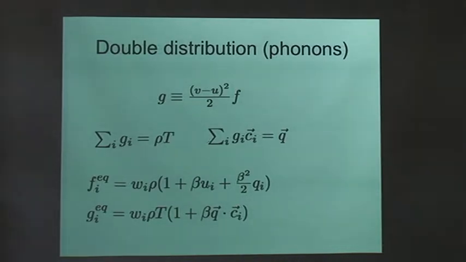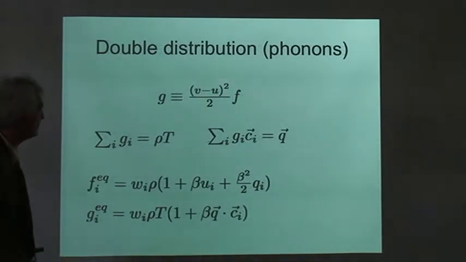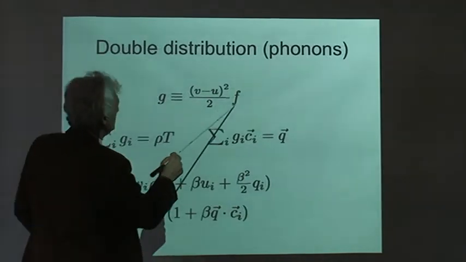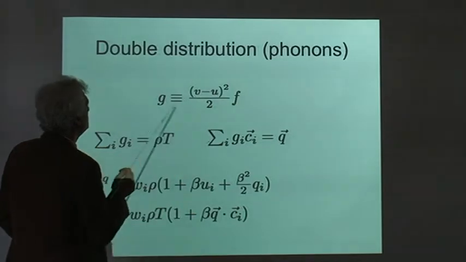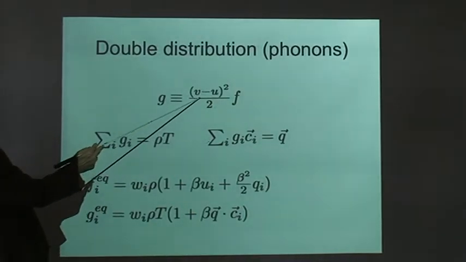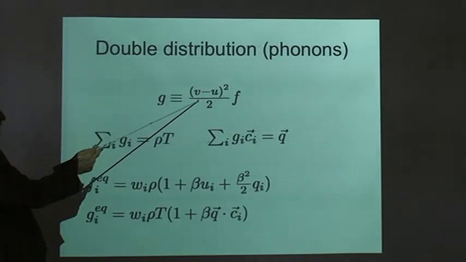Instead of doubling the resolution, I can stay with the same resolution but have not only the function but the function and its derivative, so to say. So just put in more information on the same lattice. So they propose a so-called double distribution, which is to say we have F for the particles, and they define G as a sort of local energy density. You can always do that.